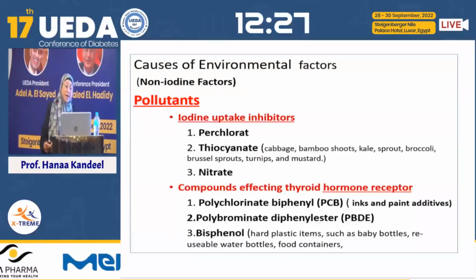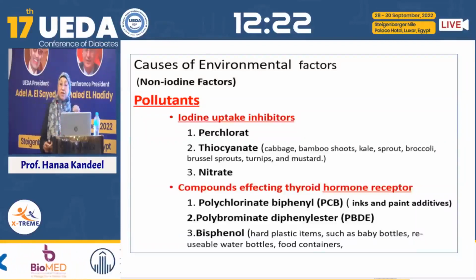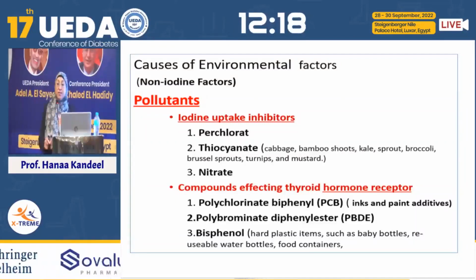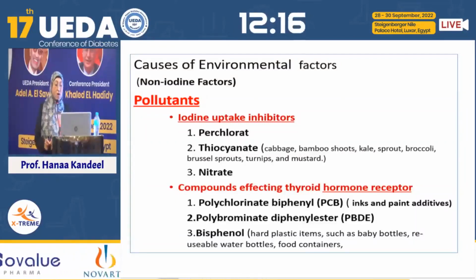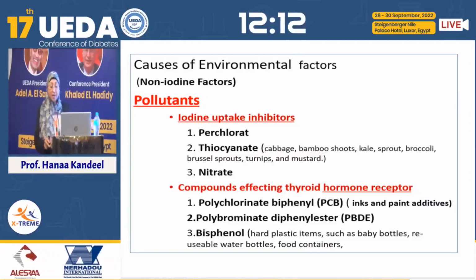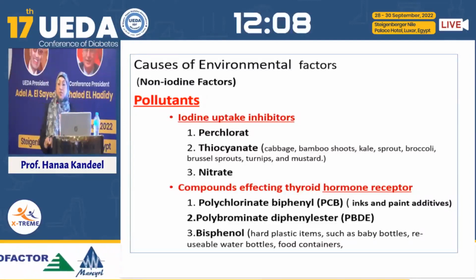And what about the environmental factor? I will give you a hint: collectively, it is the pollutants present in our community. Whatever the cause, the pollutant leads to iodine uptake inhibition, hormone receptor blockage, or increased turnover of T4.